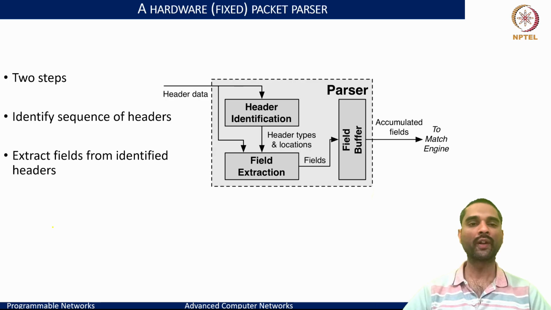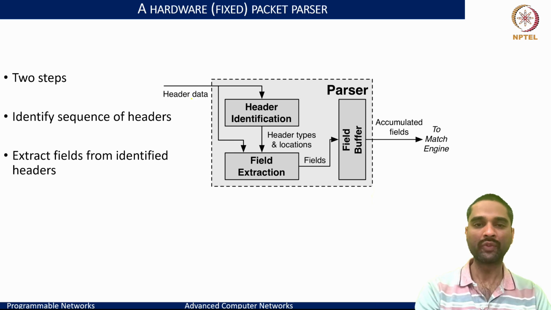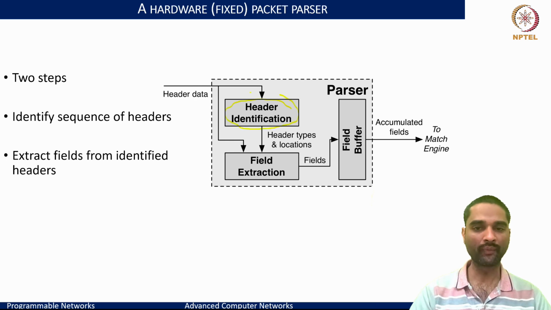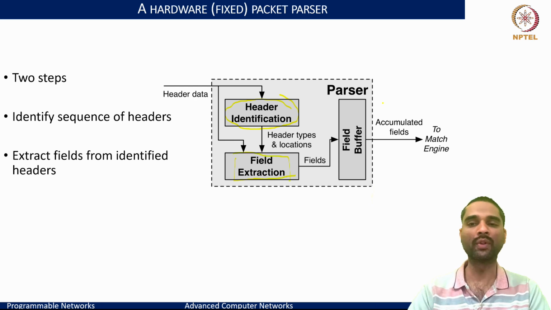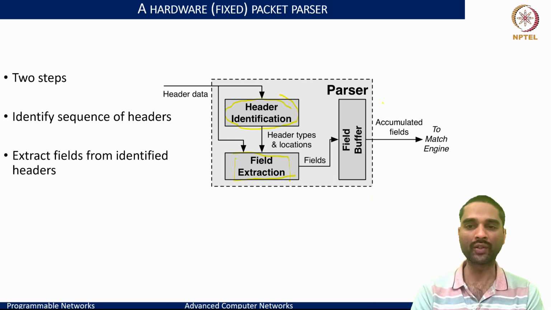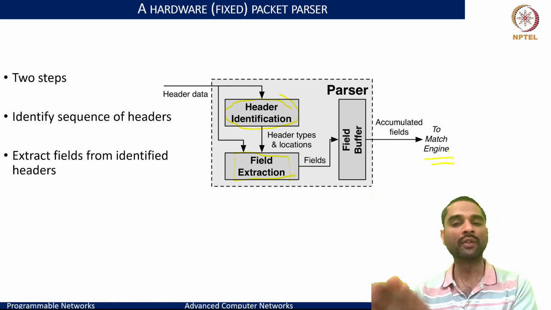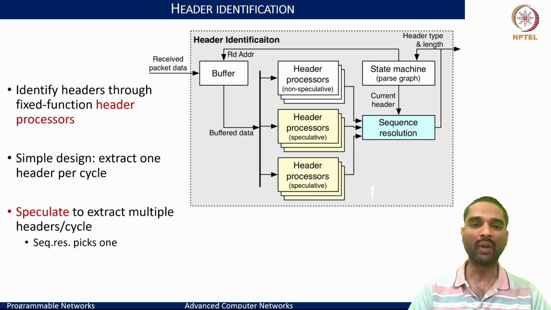So more generally, this parsing happens in basically two steps. First, as we get the header data, you identify the header information. And second, you extract the associated fields that you want to look up and add them to the field buffer. Every time there is an addition of these headers that you match, you then add the corresponding actions in the bucket.